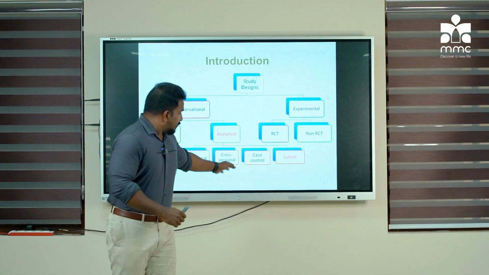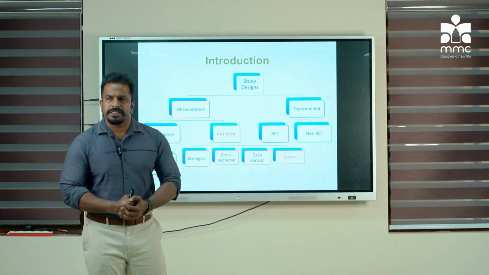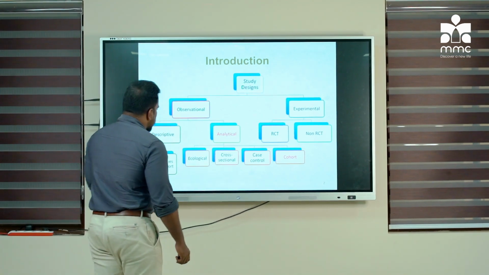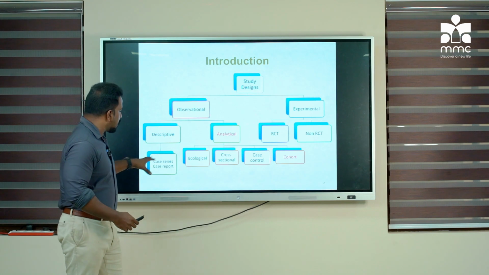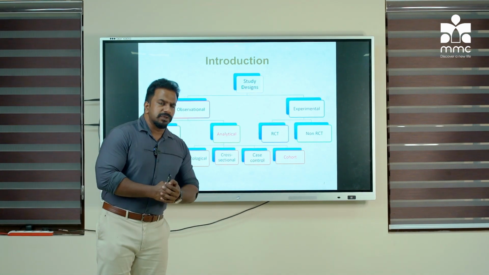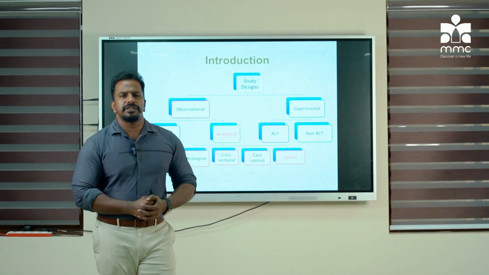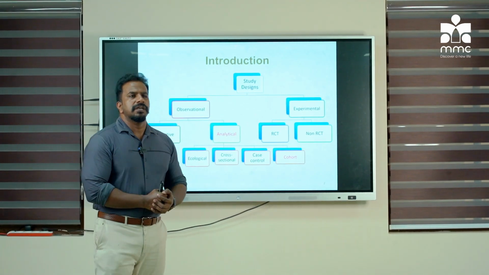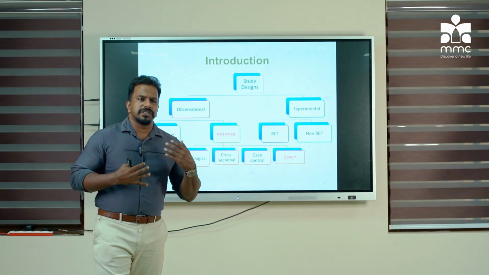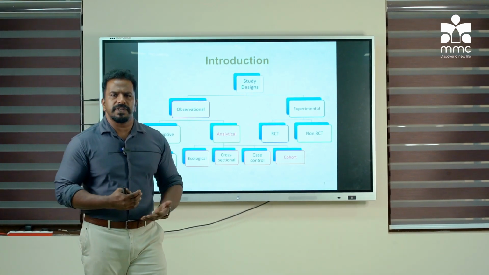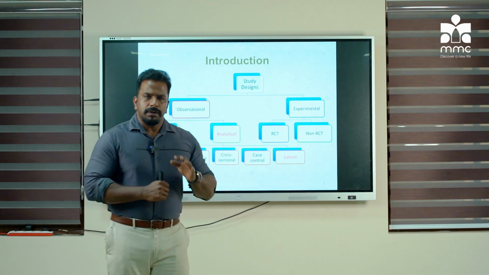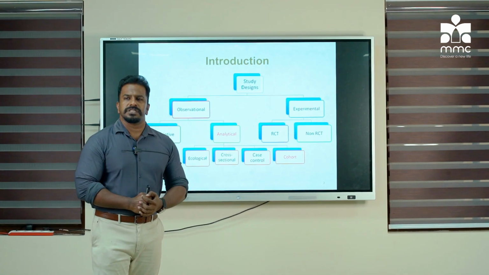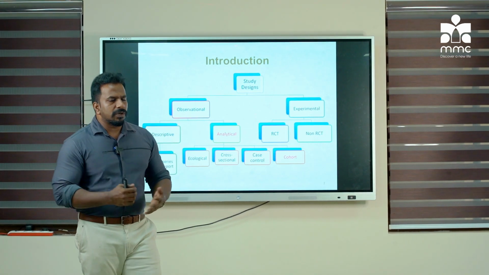Next comes the cross-sectional study design. You should have a clear picture here, because it can come under descriptive also. If you just want to know the prevalence of diabetes in Modakallur district, what percentage of the population has diabetes, we do a descriptive cross-sectional study, because we don't have a comparison group.